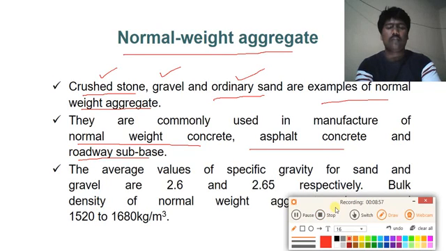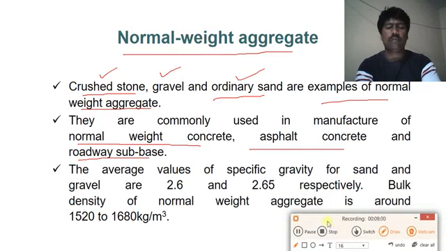If you take the specific gravity values for sand and gravel, they are about 2.6 and 2.65 respectively. That is, the specific gravity for sand is 2.6 and for gravel is 2.65. And if you consider the bulk density of normal weight aggregates, I already said there is a unit weight measurement for aggregate, which is nothing but weight by volume.